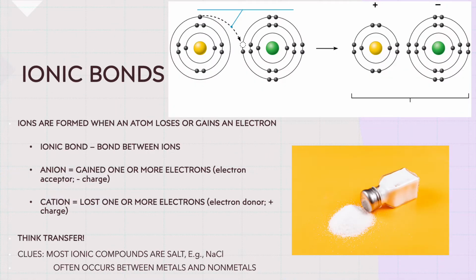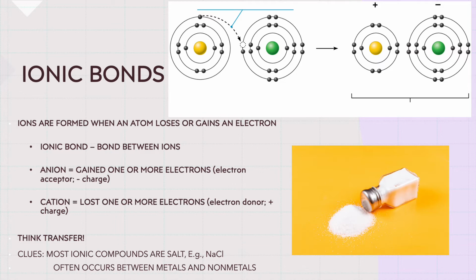So I'm going to talk about ionic bonds first. Ions are formed when an atom loses or gains an electron, and then we call them ions. We're going to have two types, an anion and a cation. An anion is the atom that gained one or more electrons.